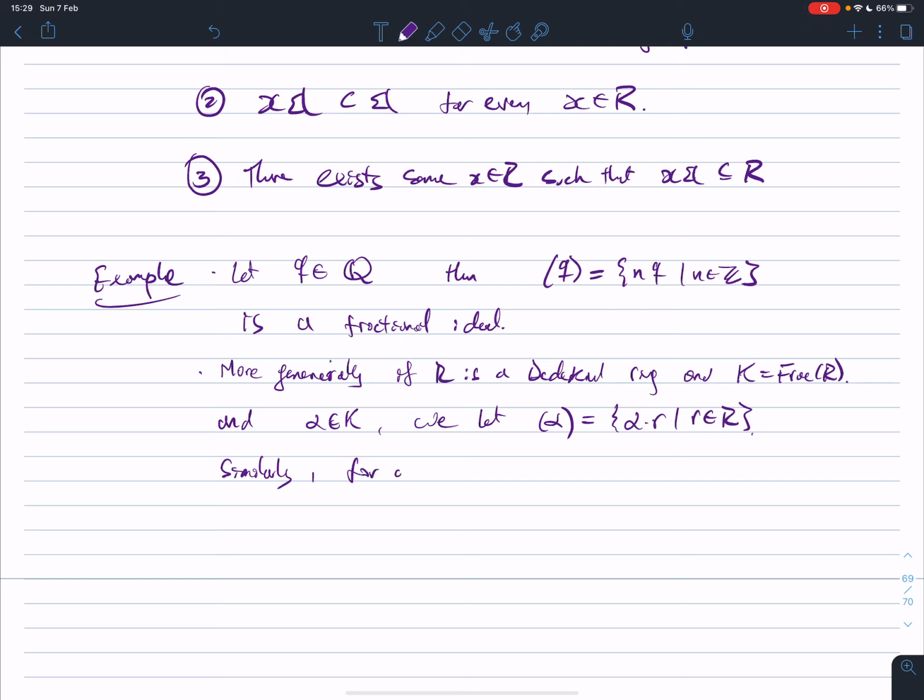Similarly, for any ideal A in R, 1 over alpha times A is a fractional ideal. So this is a set of elements which look like an element of A times 1 over alpha. So this is again a fractional ideal.